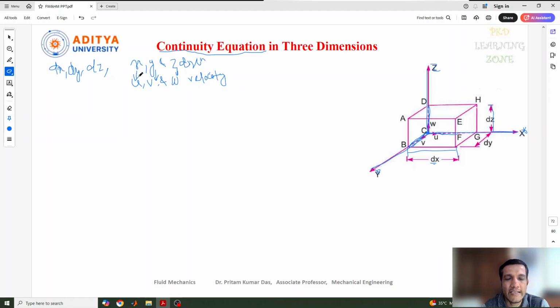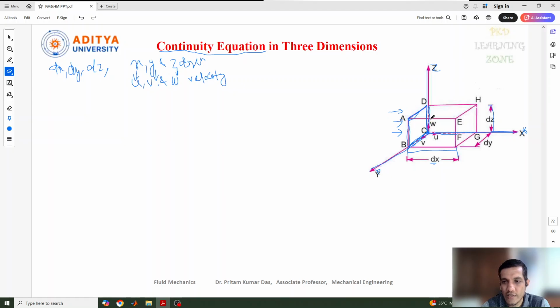Now the next thing is we need to see the mass of fluid entering each side. This is the fluid element I have taken. This is one side, ABCD. So we need to find how much is the mass of fluid entering this ABCD.